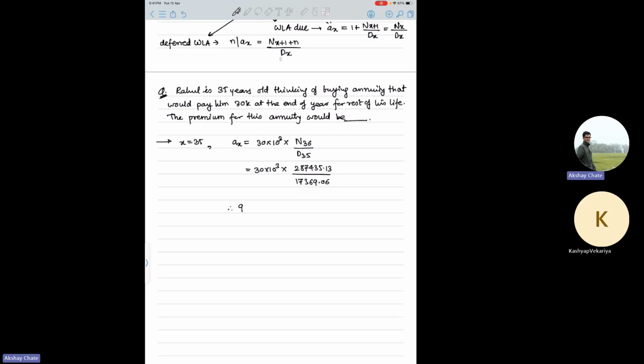Therefore, the premium that he needs to pay comes out to be 4,96,460.6 rupees.